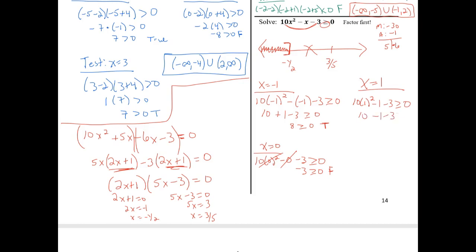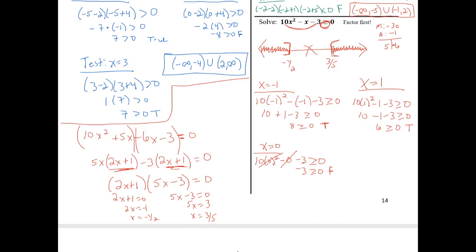Minus 1 minus 3 would be positive 6. Is positive 6 greater than 0? That is true. So everything going up from here is part of my solution set. Again, because of that equal to bar, I will include 3/5 as part of my solution set.